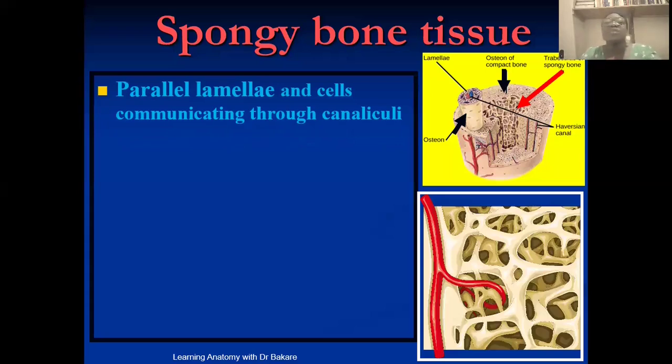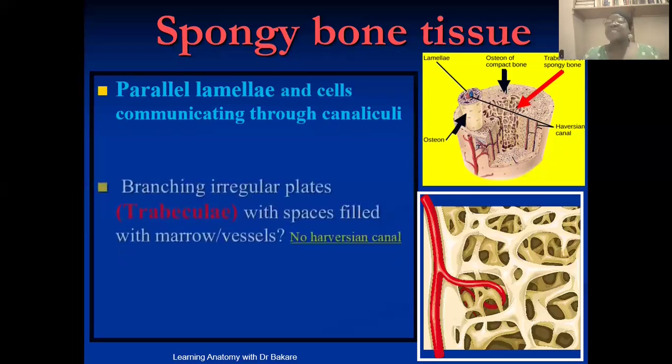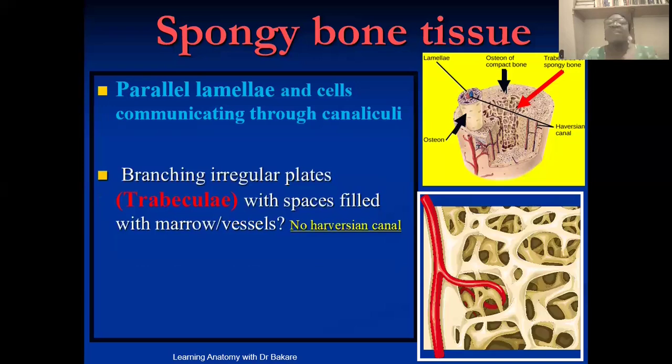They're also seen to contain cells that are located within the lacunae. These lacunae are also seen to be interconnected through the canaliculi. We already described all these in the compact bone. These features are also seen in the spongy bone. So they contain these same structures, but the only difference is their arrangement. They are arranged in a branching irregular network of plates.